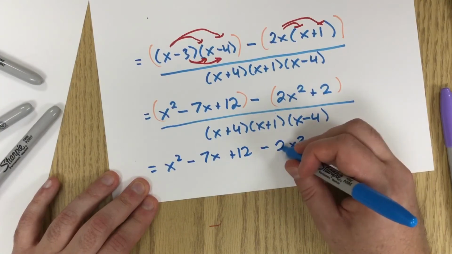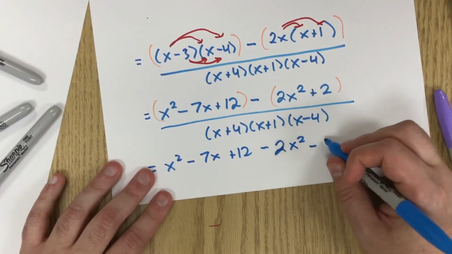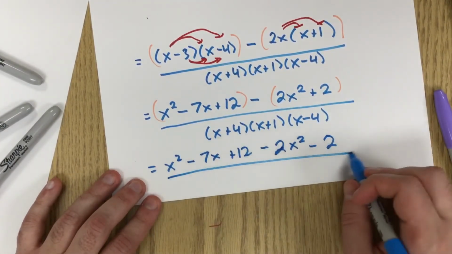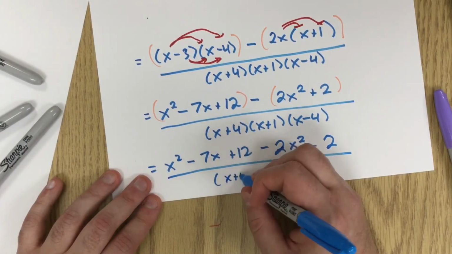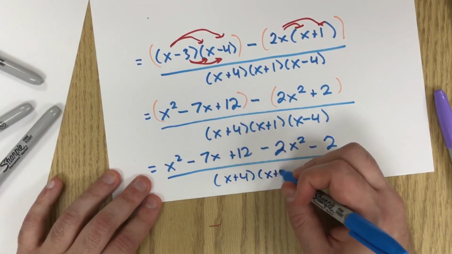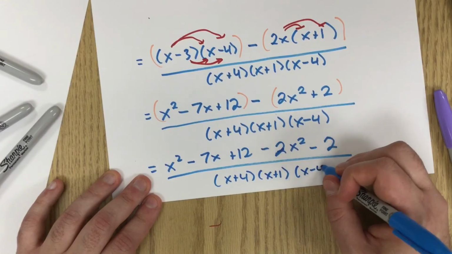The negative in front of the bracket is going to come into play. Minus 2 over (x plus 4)(x plus 1)(x minus 4).